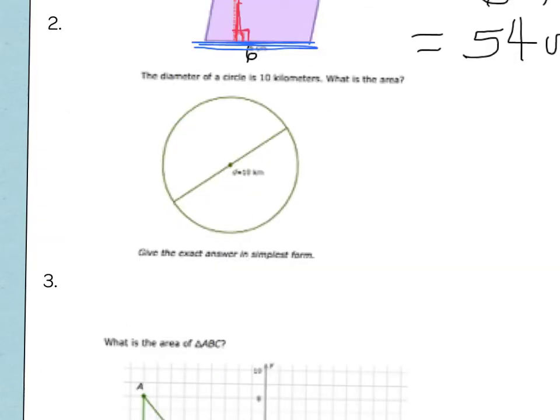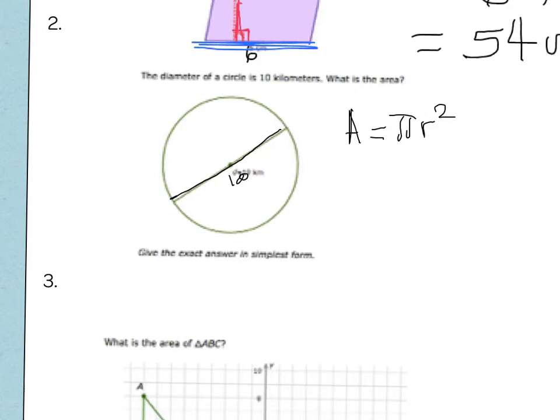Number 2 is circle. Remember the circles? So the diameter of a circle is 10 kilometers. What is the area? So they're telling us the diameter here all the way across is 10. And we know the area of a circle, it's one of my favorites, is going to be when we take pi and we take the radius and we square it.